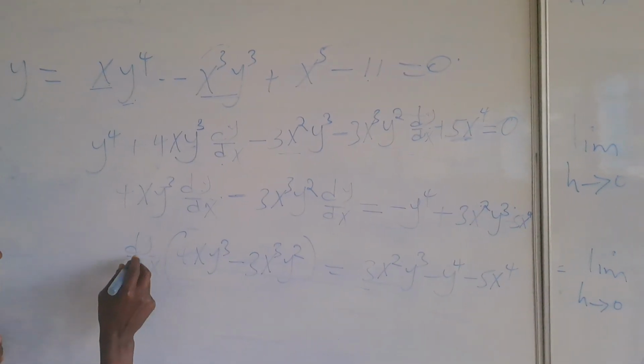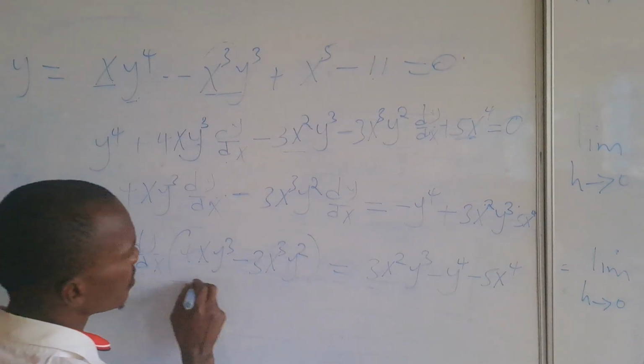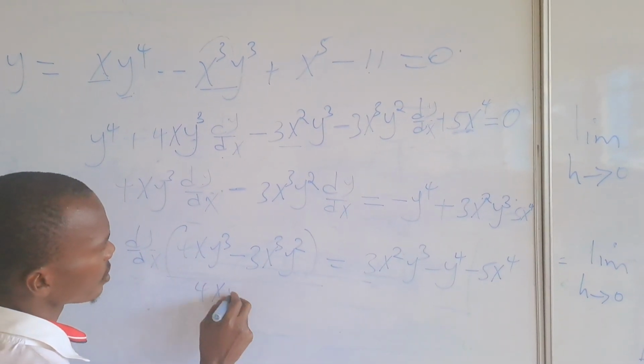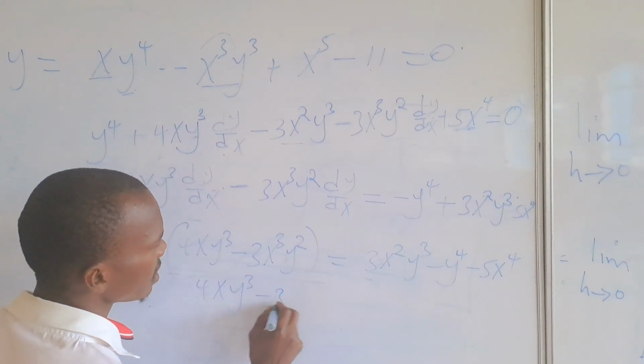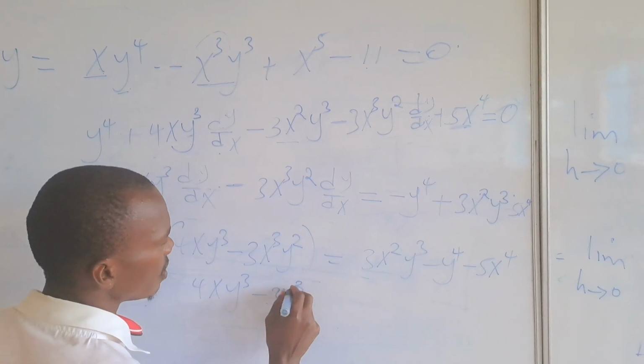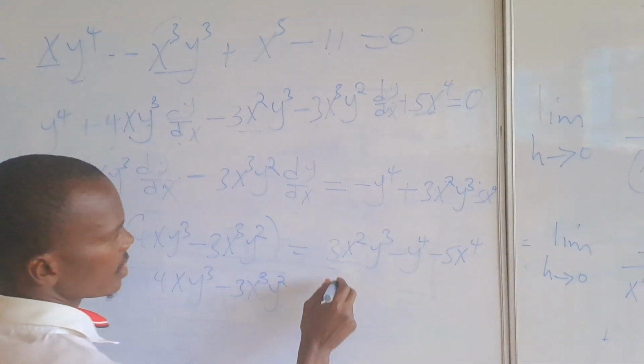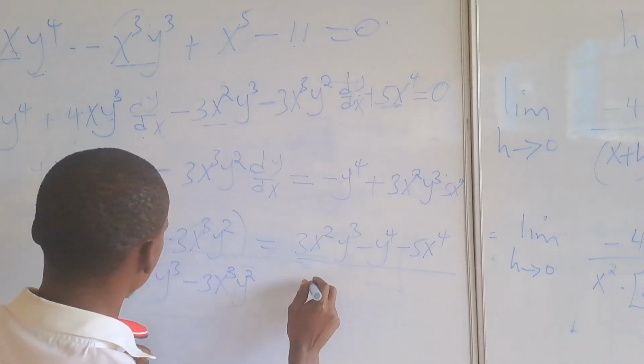So for us to remain with dy dx, we divide both sides by 4x y cubed minus 3x cubed y squared.